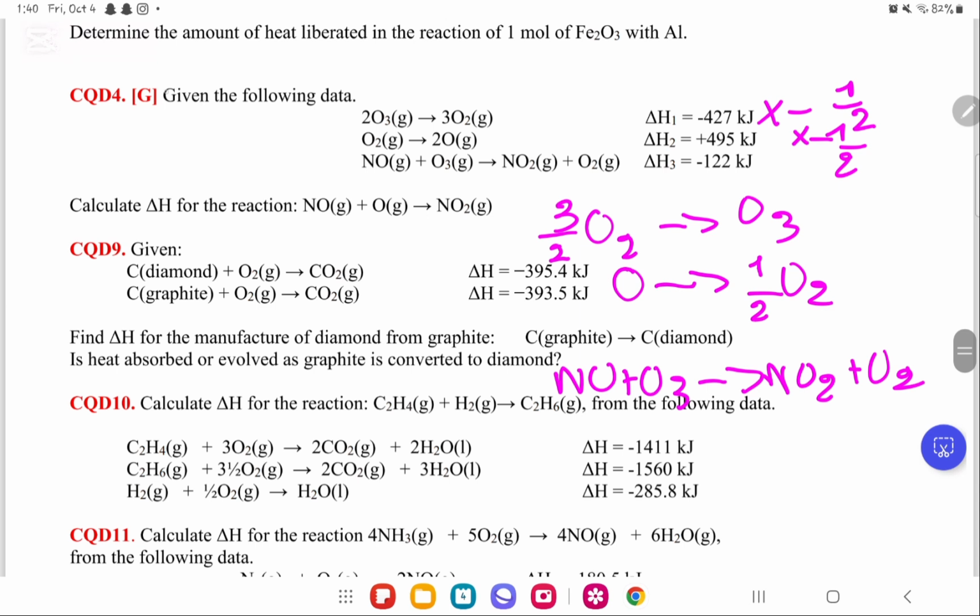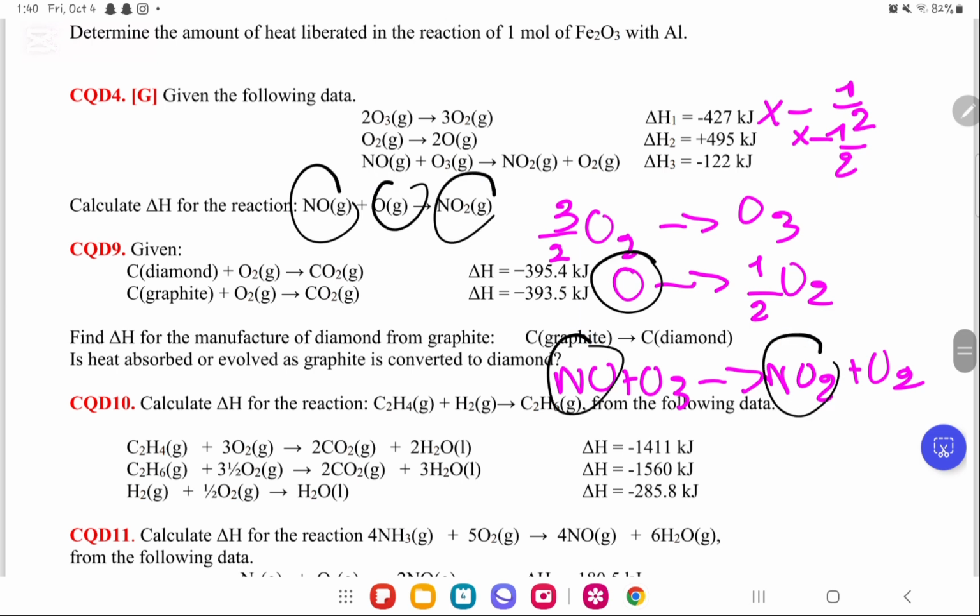Okay? Now, we need the NO, we need the O, we need the NO2. Everything else we have to remove them. Let us try subtracting and adding. We have 3/2O2.